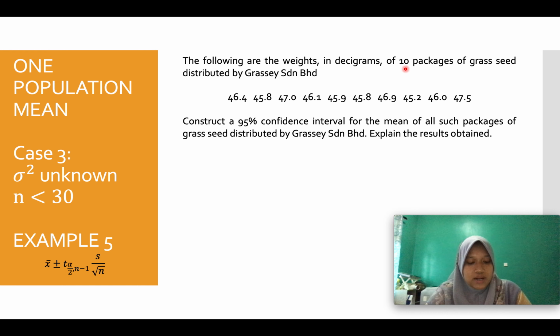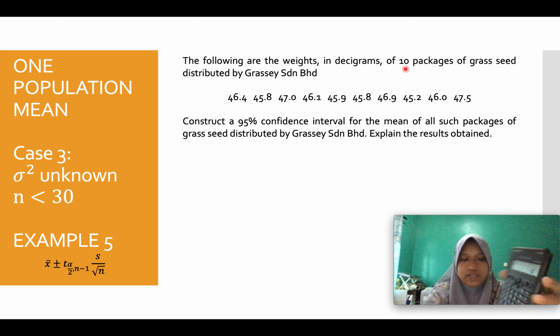Okay, now let's calculate the value of x bar. I have keyed in all the data, so I click shift 2.